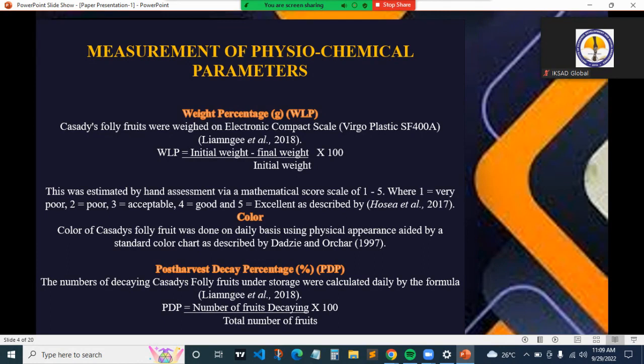We used physical appearance to measure the color, and we did post-harvest decay percentage. The number of decaying tomatoes under storage were calculated using the formula. As the storage period progresses, we were taking all these physiochemical parameters.